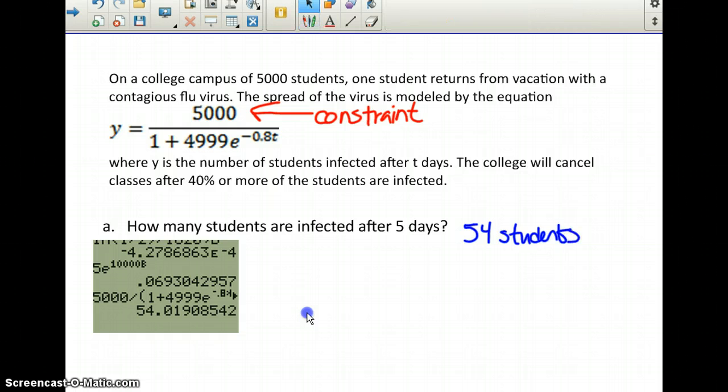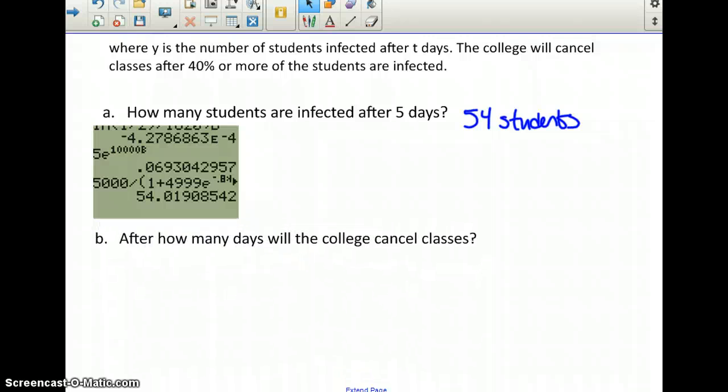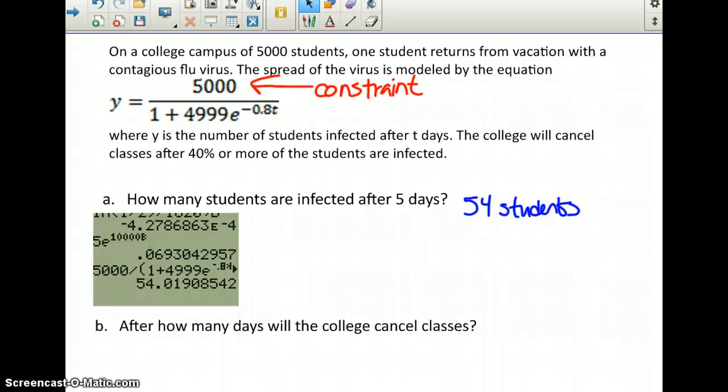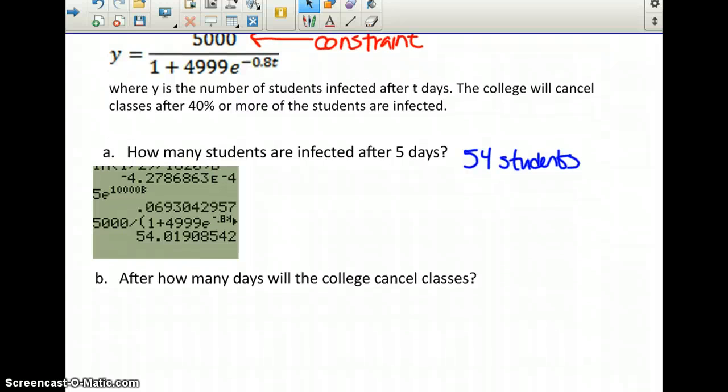All right? Second part. After how many days will the college cancel classes? All right, so we want to look at this equation right here. And we want to know, after how many days is the college going to cancel classes? Well, we know that the college cancels classes when 40% of the students are sick. 40% would be 2,000.